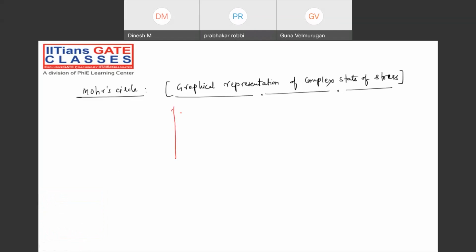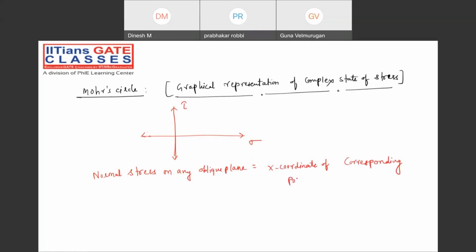Now, try to have some patience. On the x-axis we are going to show sigma, and on the y-axis we are going to show tau. So the normal stress on any oblique plane will be equal to the x coordinate of the corresponding point on the Mohr circle.